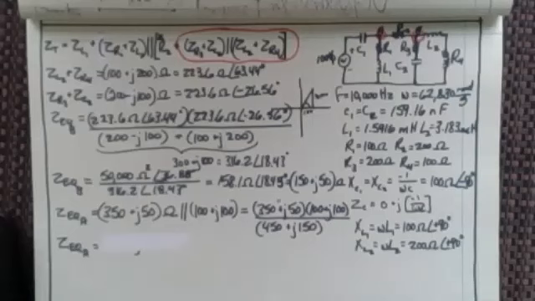If I have 350 plus J, oops, turn the calculator on.